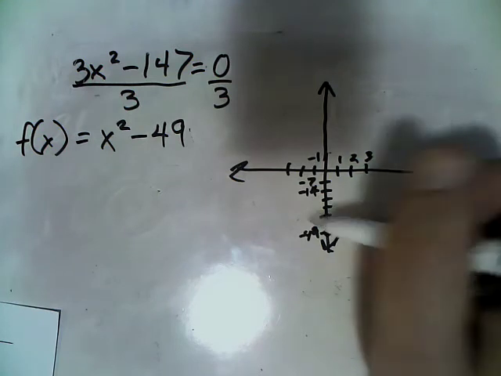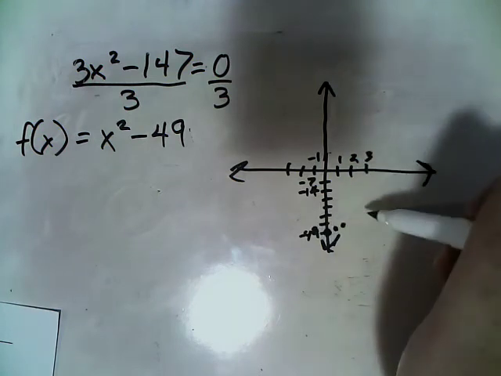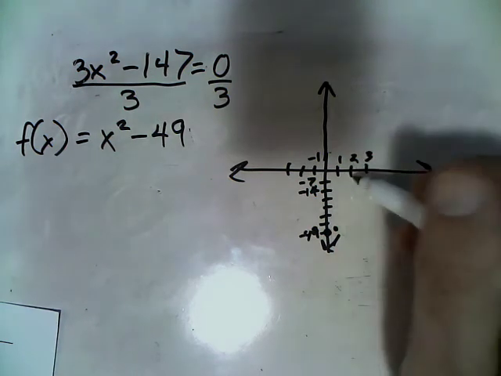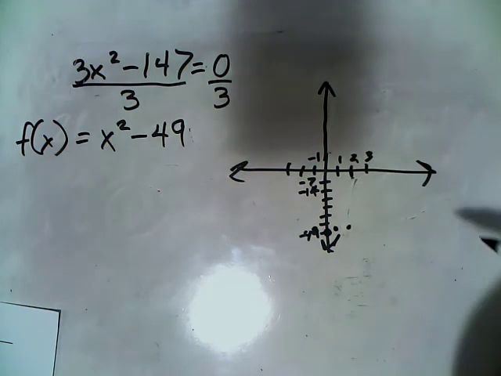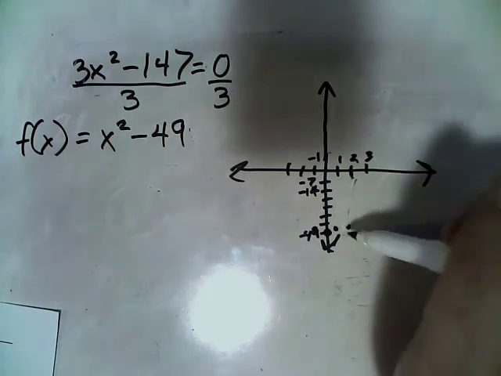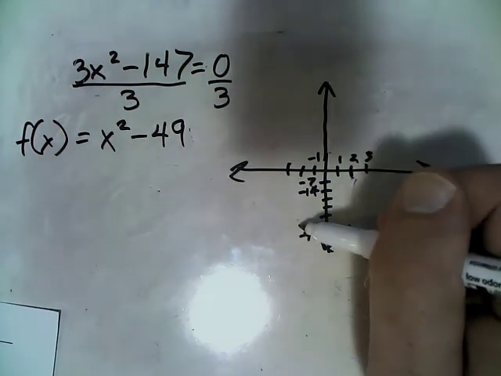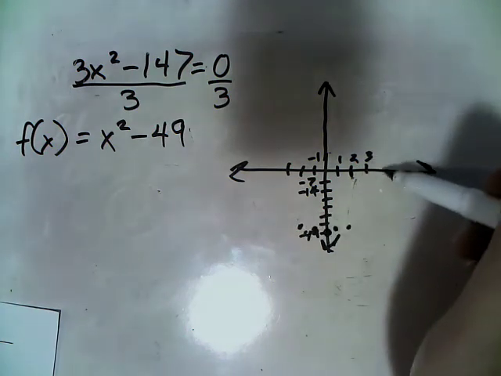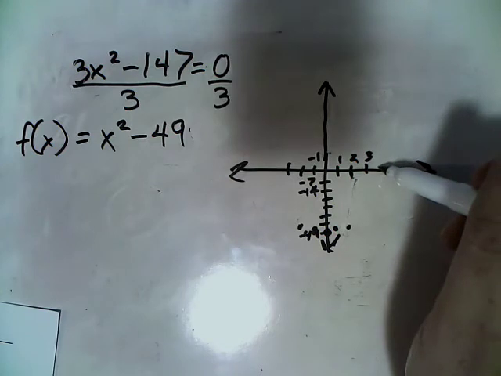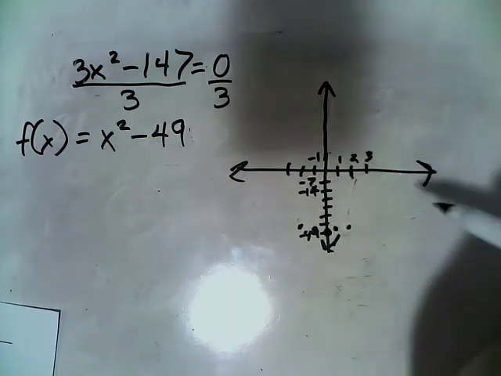So not really seeing a lot of it here. Sorry, sometimes it's a little hard to do this well on a dry erase board here. So that's better. So symmetric to that, negative 2, kind of out there. Basically what we're going to do is we want to get enough points that we can kind of see the curve here.